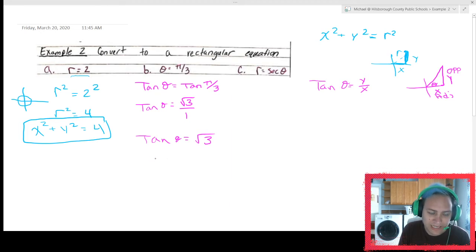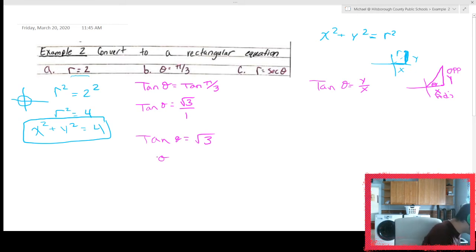So I have to say to myself, great. If the tangent of theta is radical 3, then I take the inverse tangent of both sides. Let me make sure I'm writing this. I've totally just confused myself completely. I think I'm doing something wrong.